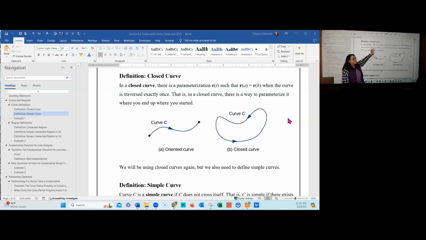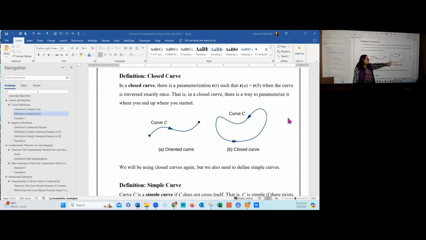A closed curve is one where there exists some parameterization such that if t varies from a to b, r(a) is equal to r(b). In other words, it ends up where it started. The curve on the left is oriented because it does have a direction, but the end point does not equal the beginning point. So this is not a closed curve.